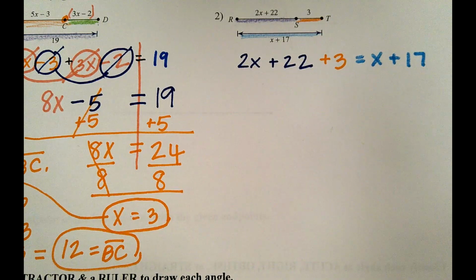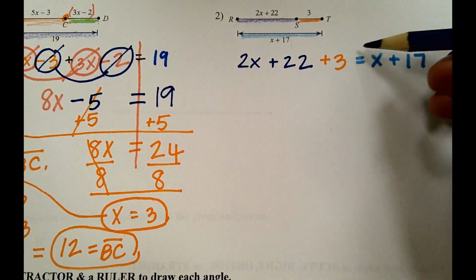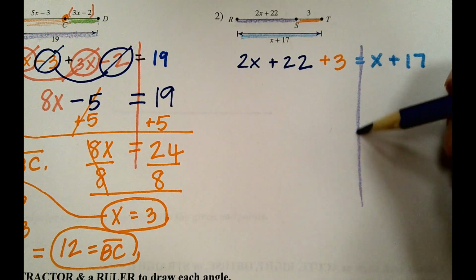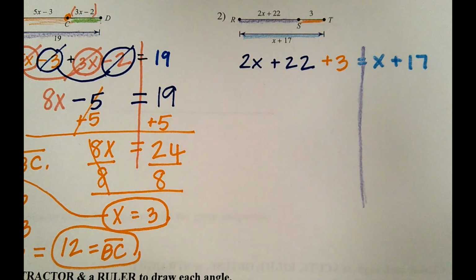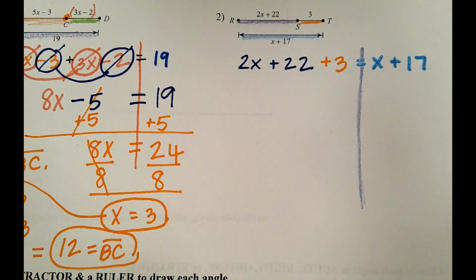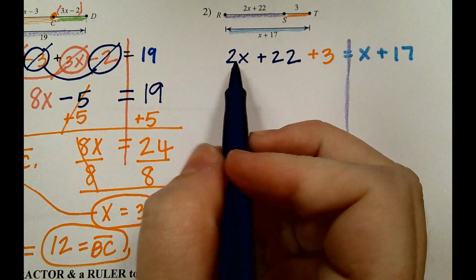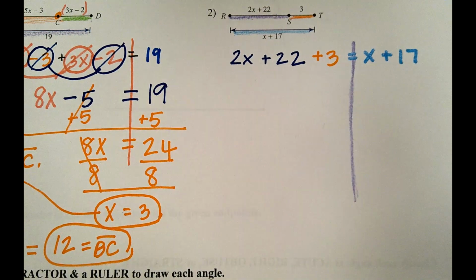And this is another really good problem to draw a line down the middle of your equal sign, because we have like terms all over the place here on opposite sides. It would be easier to subtract an x on each side. So you're thinking right away, let's get our x's together. Sure, let's do that. And you're saying it's better to subtract x than it is to subtract 2x? Yep, I agree.